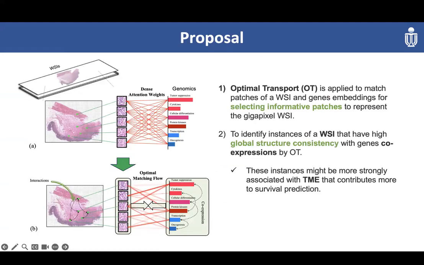In our work, we use OT to match patches and genes in a balanced way for selecting informative patches to represent the gigapixel WSI. As a result, instances that have high global structural consistency can be identified by OT.